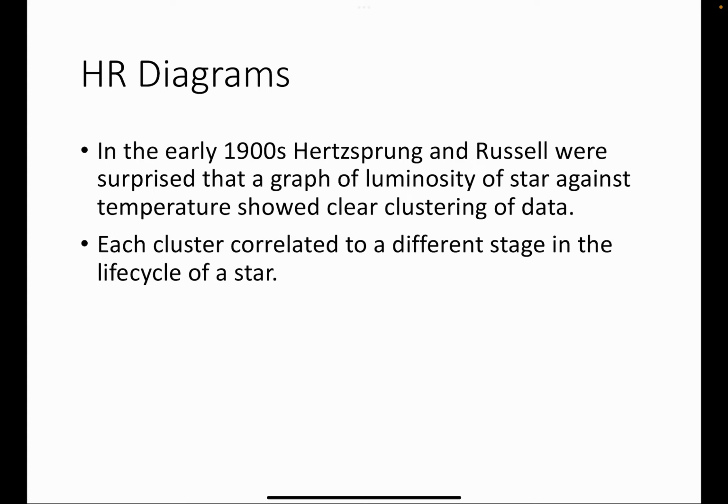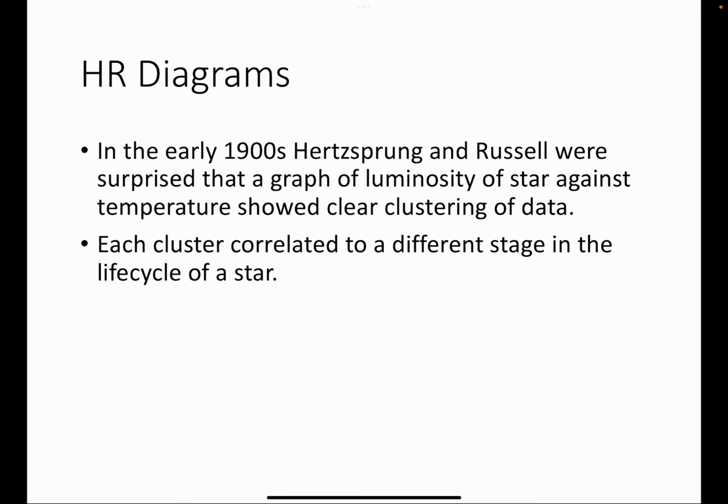And this relates to work done by two scientists independently, Hertzsprung and Russell, who were busy cataloguing the vast amounts of data that astronomers were collecting about stars at the turn of the last century. And they weren't really expecting anything significant in terms of trend. However, when they plotted luminosity against temperature, there was a real clustering of data.